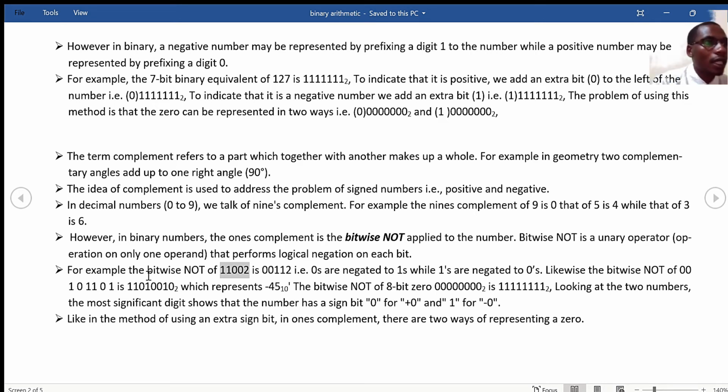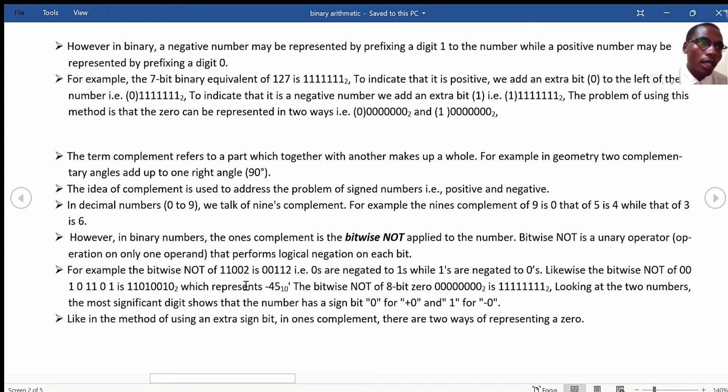So let us go back to what we are doing. If we want a bitwise not, that is a complement, of this binary number using this system of bitwise not, which is not the same as 9's complement, but it is a complement of that number.